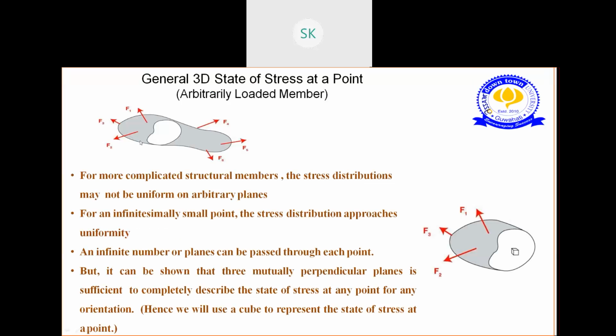Suppose this is a complicated body. These are the different forces acting on this body: F1, F2, F3, F4, F5, F6. Remember, when I took a section from that in an inclined plane, I assumed that stress is uniformly loaded over that section.